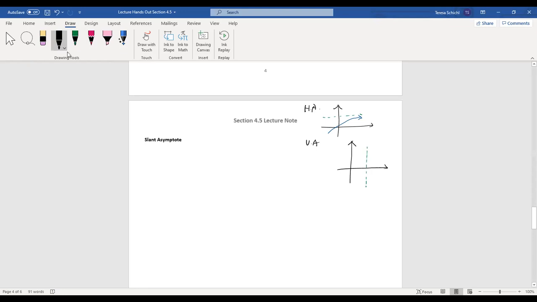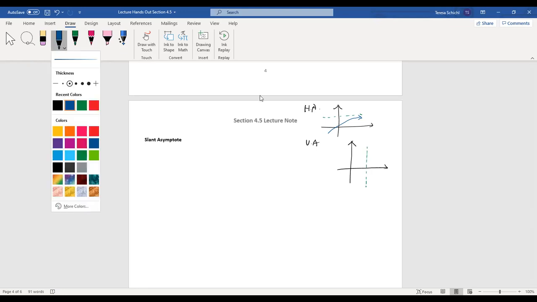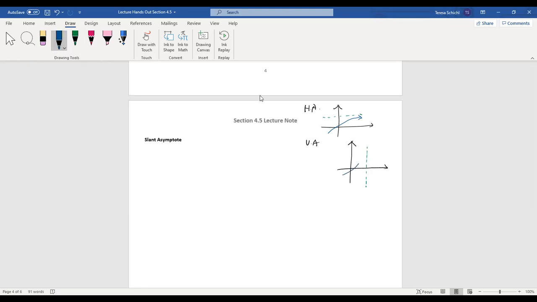So my graph can go this way, or this way. We call these the vertical asymptote and the horizontal asymptote. For the horizontal asymptote, you approach a horizontal line. For the vertical asymptote, you approach a vertical line.